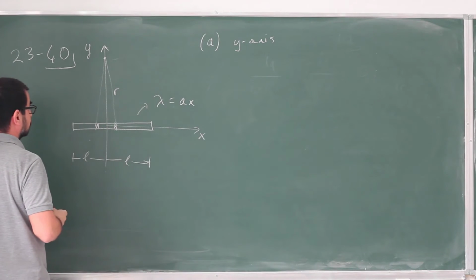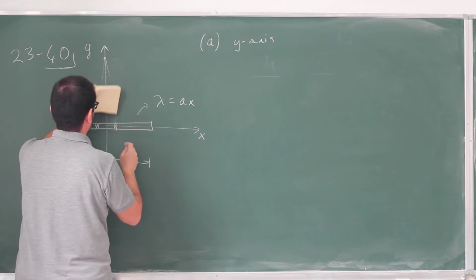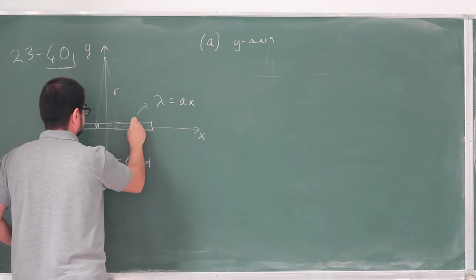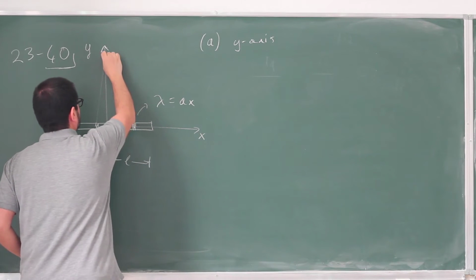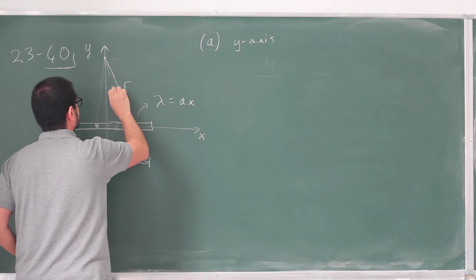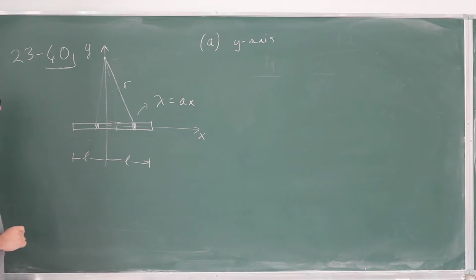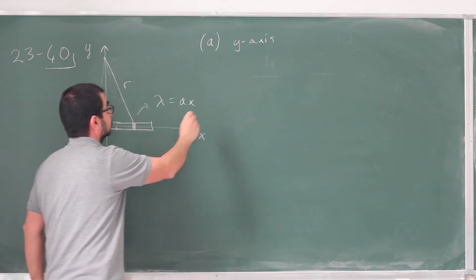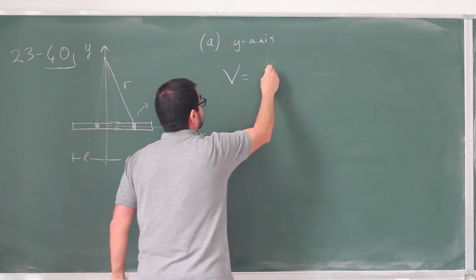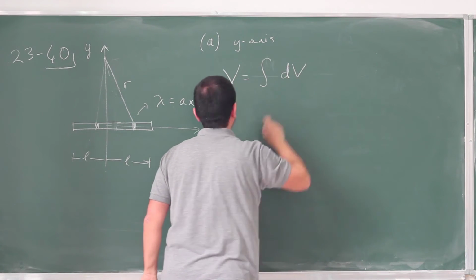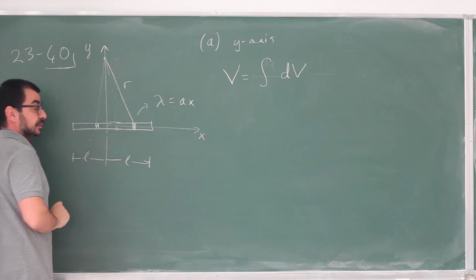So first of all, I'm going to choose a point a bit farther away, and I'm going to call this distance r. The potential at this point is going to be the integral of the contributions from each of these little points.